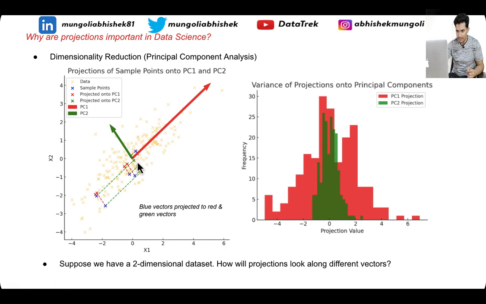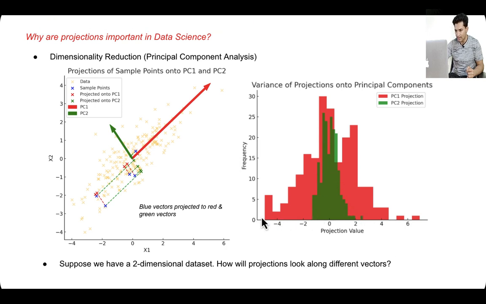Because you will do a perpendicular shadow drop. And you can see in the second plot as well, the variance is very high because you are capturing a larger area. That's why the variance is very high for the red vector, while variance is very low for the green line, because all the points will mostly get distributed just in this area, right? So that's why the variance of the green vector is low, while the variance of the red vector is high.